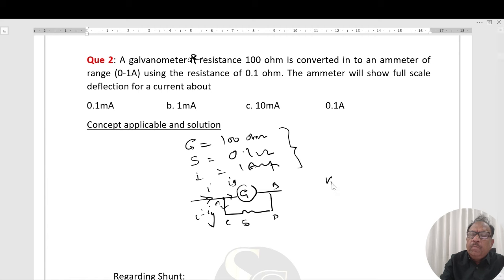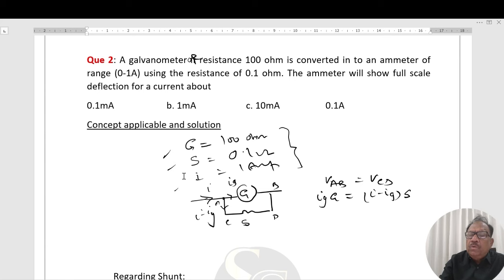So VAB will be equal to VCD. VAB will be Ig into G, equal to I minus Ig into S. Now this G is given, S is given, I is given.